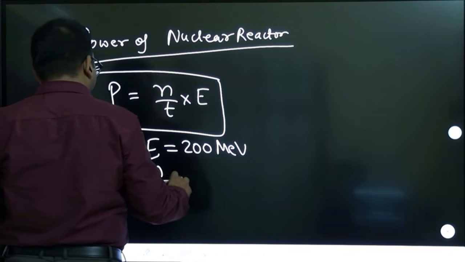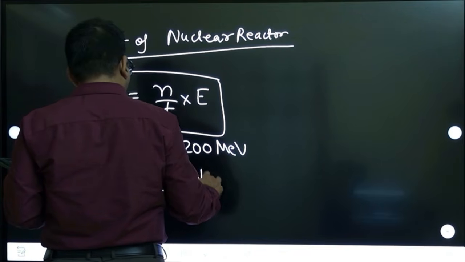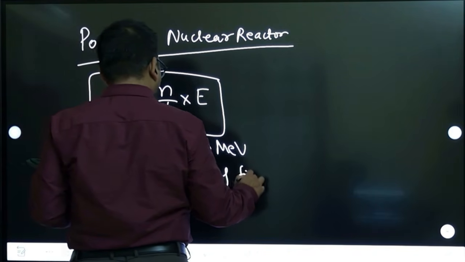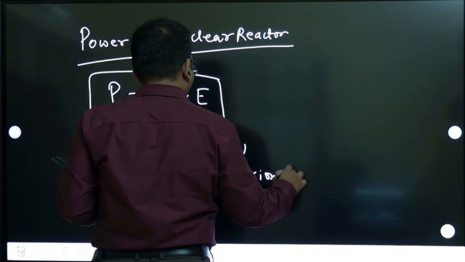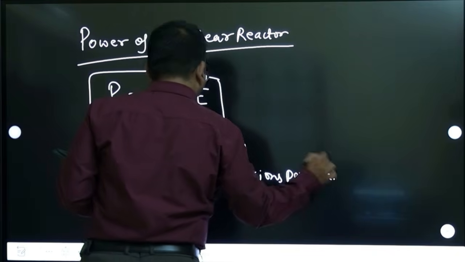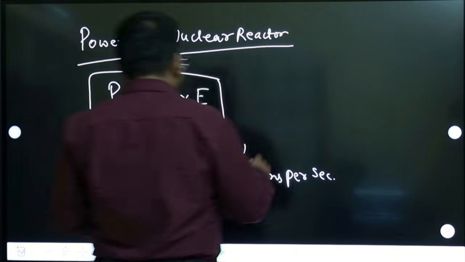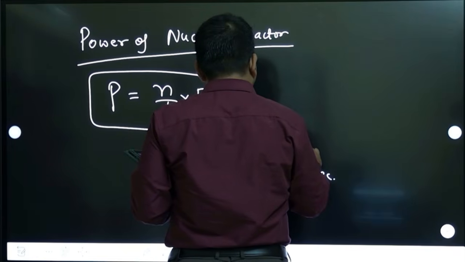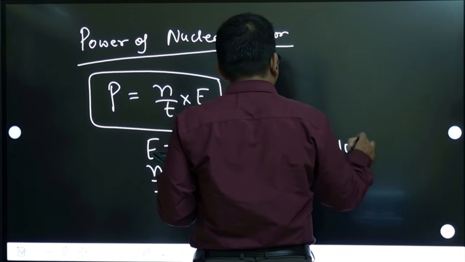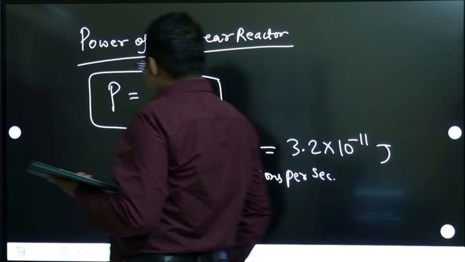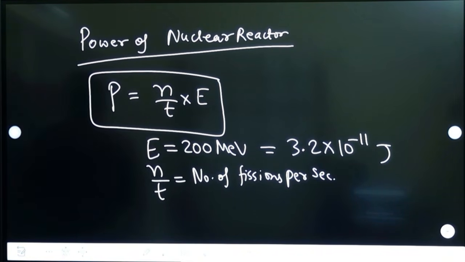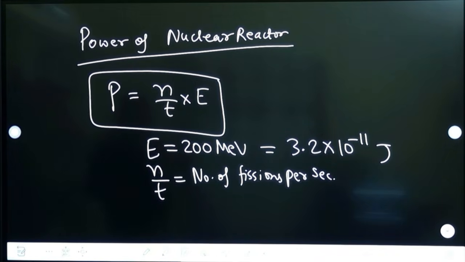N by t is the number of fissions per second. Okay, so this directly will calculate, and note that 200 million electron volt is nearly 3.2 into 10 to the power minus 11 joule. But the power will be very high because the number of fissions per second is going to be very, very large.